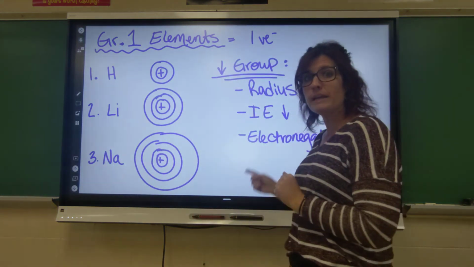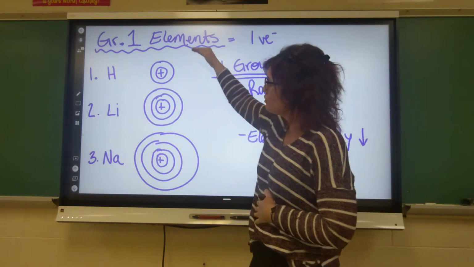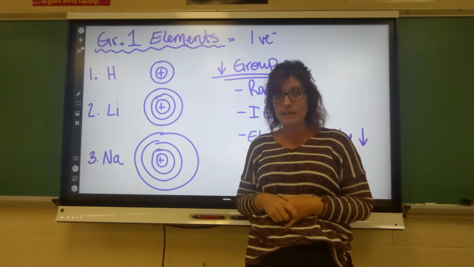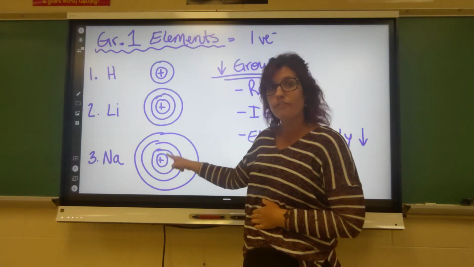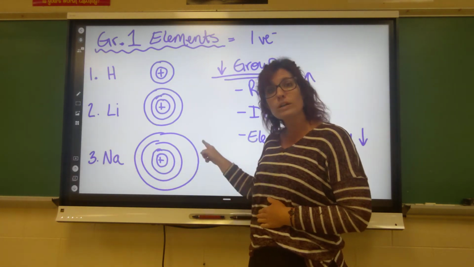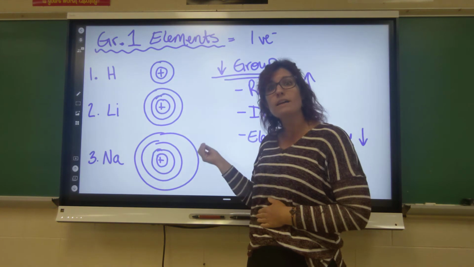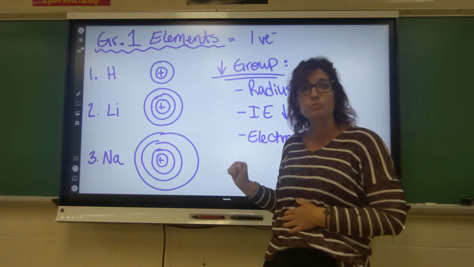This also explains ionization energy and electronegativity, because as you go down a group on the periodic table, because of the distance the nucleus is from the outermost electron, the nucleus holds on to that electron a little bit more loosely and it's going to be easier to remove.